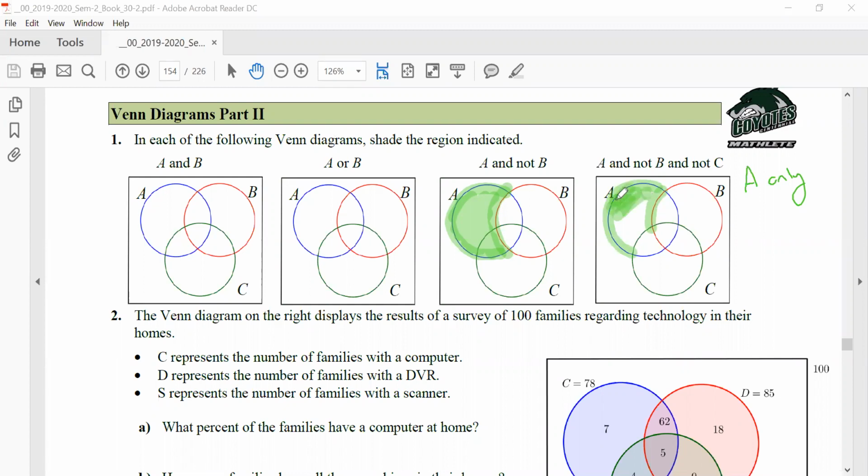And that's us right there. A only. Sometimes the way these things are written, it's nice to rewrite them in a simpler way. So just because there's 3 sets doesn't matter too much. Everything stays the same.